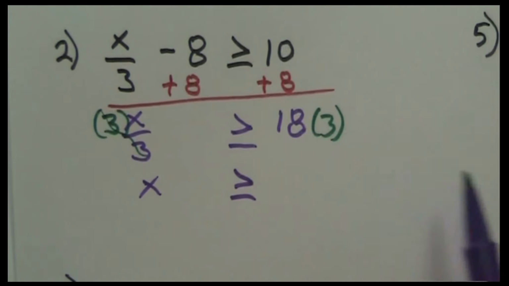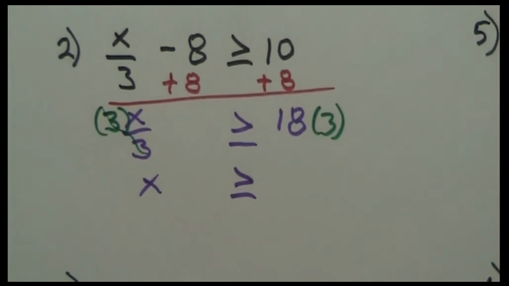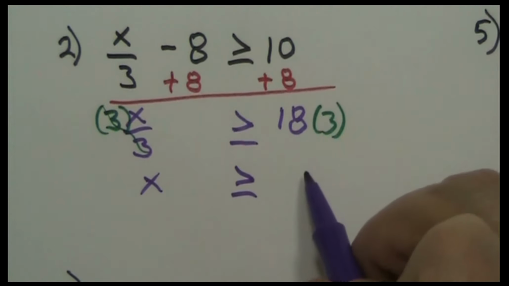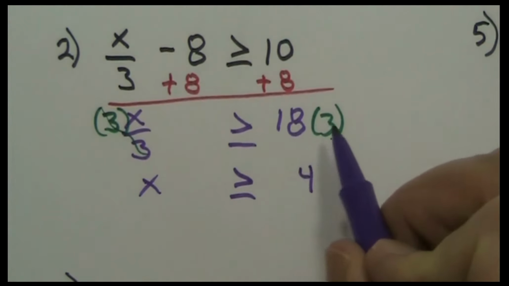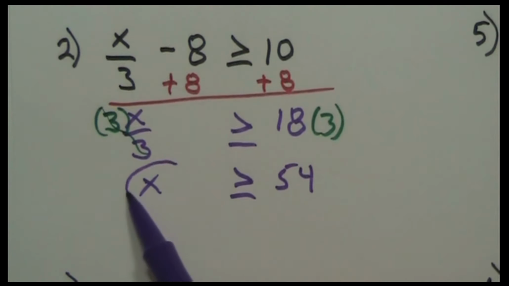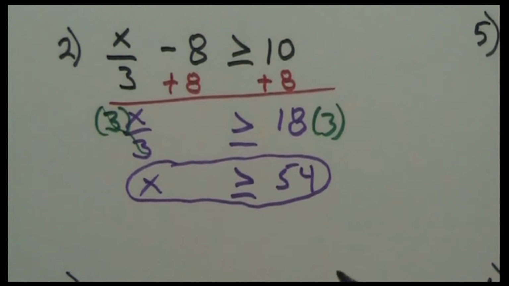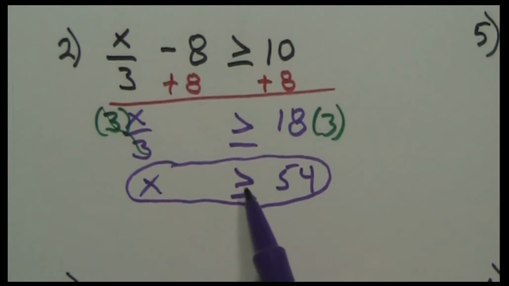And now we have 18 times 3. What would that be? Let's see. 3 times 8 is 24. 2, 3, 4, 5. 54. Large number. So the answer can be 54 or more than 54.